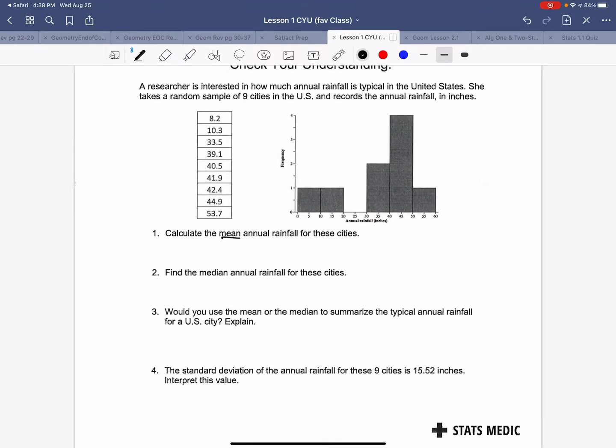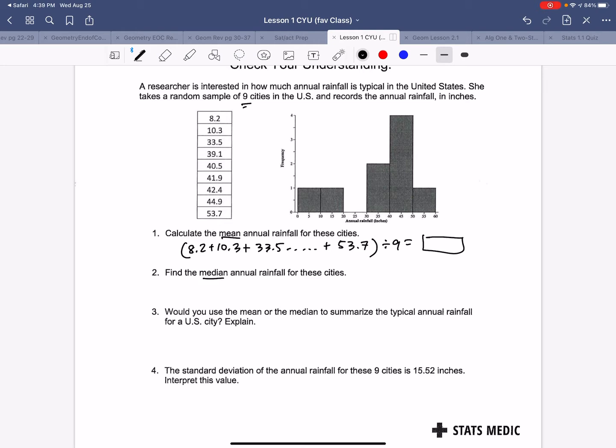It says calculate the mean. So we're going to add all these numbers up. It looks like we have 9 cities, and we're going to divide that number by 9. Then the median: we're going to order them least to greatest.